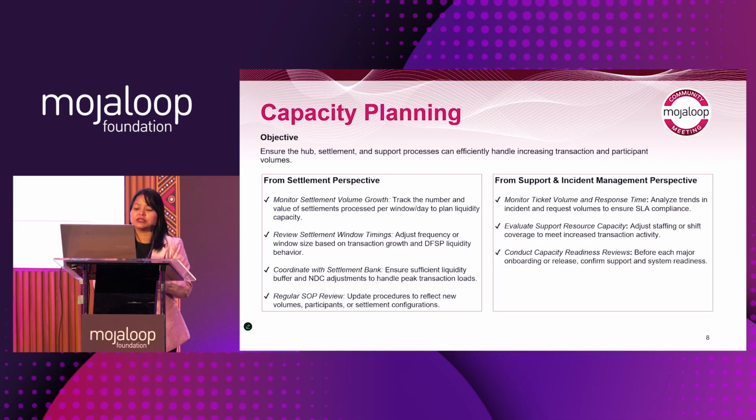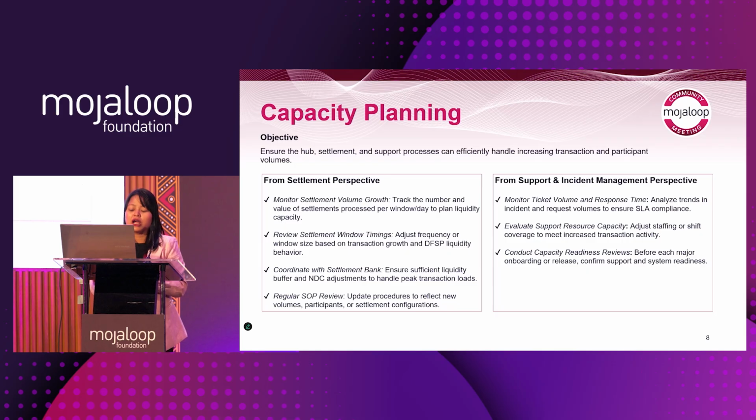Also, in the initial phase, it is good enough to set the settlement time at every 2 p.m. daily, when the hub operation team will close the window and perform the settlement process. But based on the transaction volumes and the review and monitoring process, the hub operation team has to adjust the settlement times and frequency.